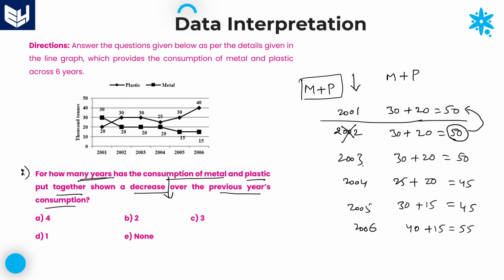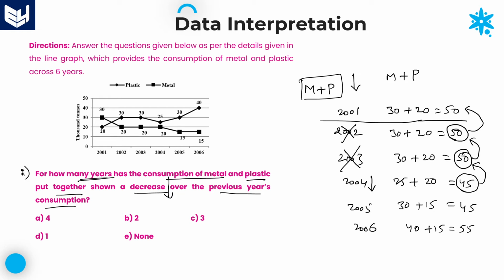Next 2003, compared with the previous year 2002, this value is equal, right? So it does not satisfy the given condition. So 2003 is also cancelled. The 2004 value is 45. Compared with the previous year, which is 50, this value is decreased.